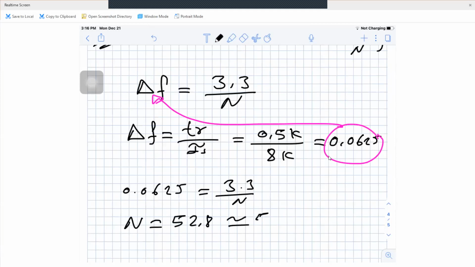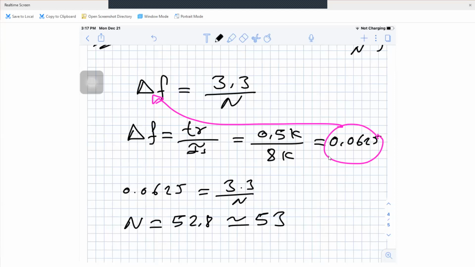I mean, it is 53 coefficients. So how many filter coefficients do we have in this example? We have 53 coefficients, starting from h of 0 and ending with h of 52.